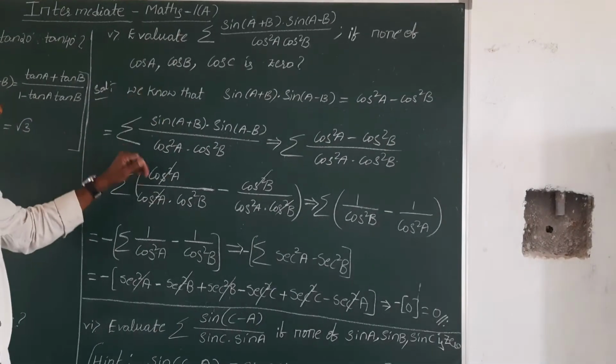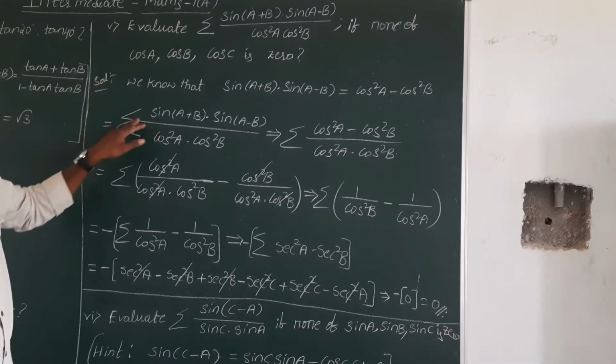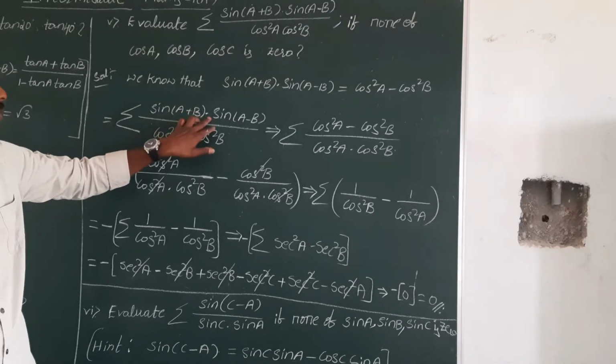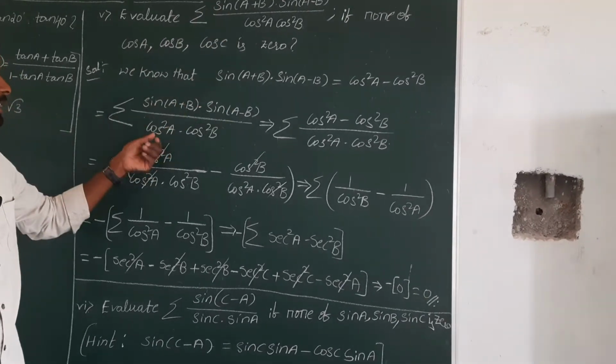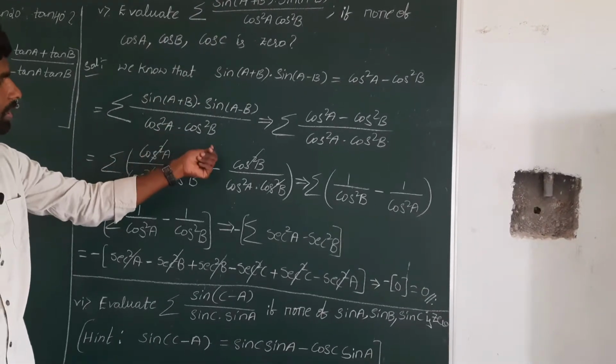Our solution is summation of sin A plus B into sin A minus B, with cos square A into cos square B in the denominator.